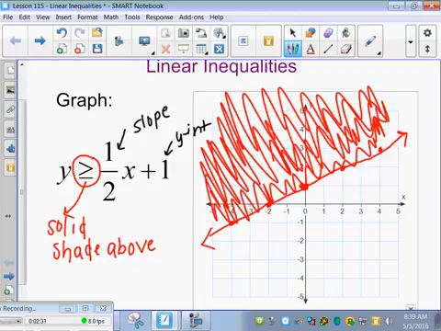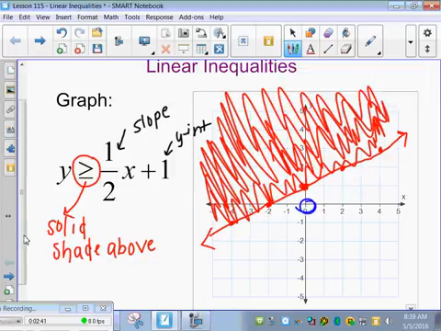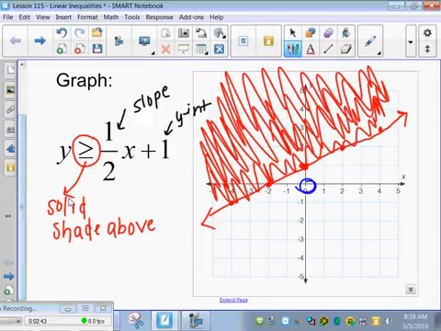What I'm going to do is test an easy point just to make sure I shaded correctly. So the easiest point to test is 0, 0. Okay? So I'm going to test this point right here, and I'm going to check if it works. So the point 0, 0, that means I'm going to plug 0 in for y and 0 in for x. So if I plug 0 in for y, I get 0. On this side, what's 1/2 times 0?